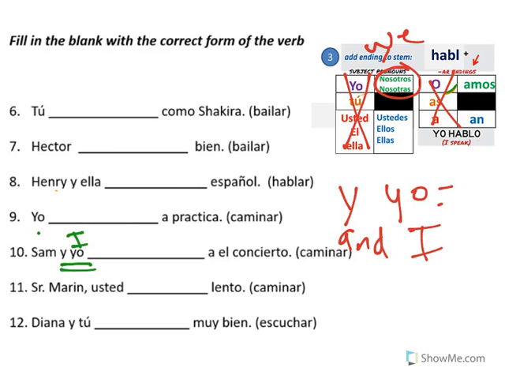So my ending is amos. So let's write that down real quick. This is getting a little bit long. Everything but the AR. This is called the stem. So Sam y yo caminamos. Fun.